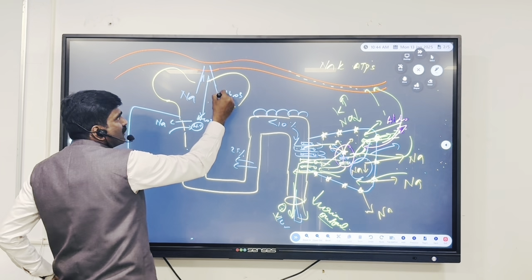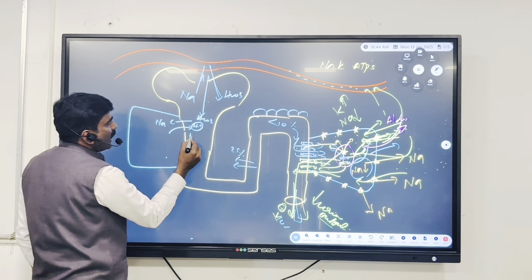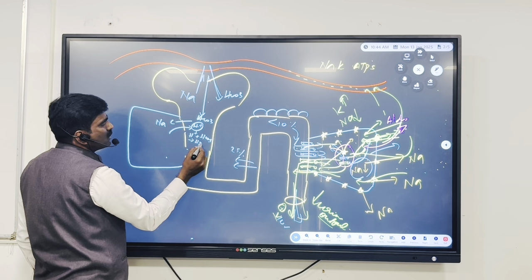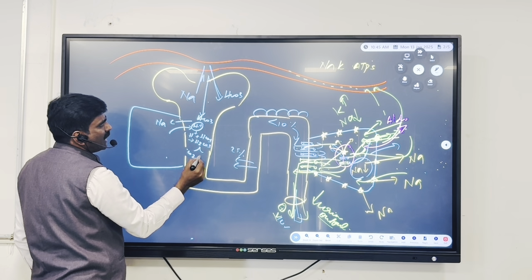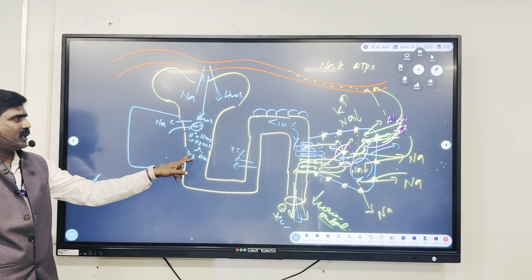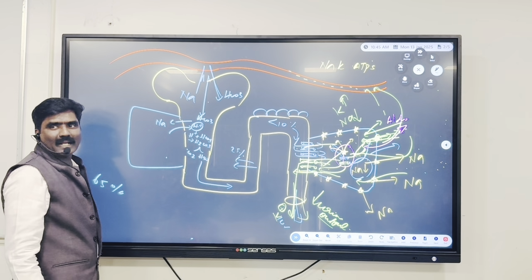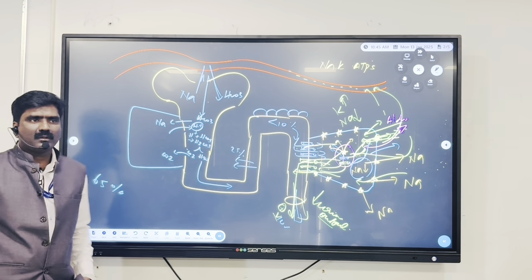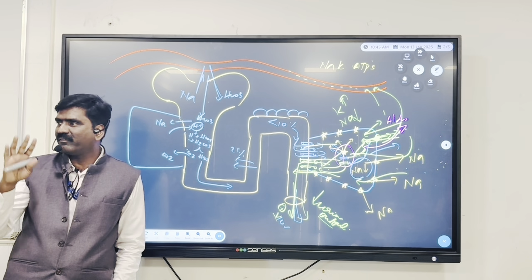And here what is filtered? Bicarb is filtered, right? So H+ will combine with HCO3 to form H2CO3, and carbonic acid dissociates into carbon dioxide and water. This water will go out as urine, and this carbon dioxide will enter into the cell, because we already discussed carbon dioxide can enter the cell anywhere, right?